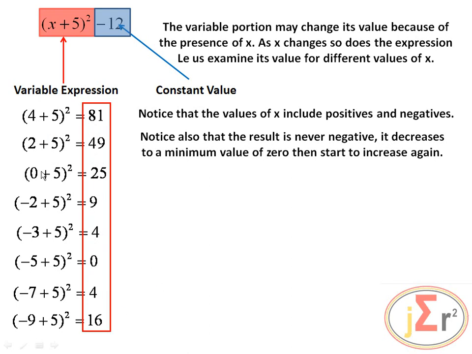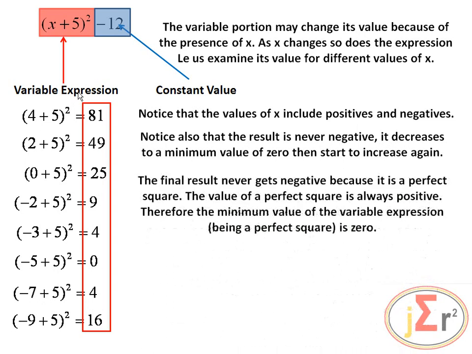So a perfect square we have on this side, and the value is never negative, even though the value of x that is used on a few occasions will be negative. The entire variable part of the expression is never negative.